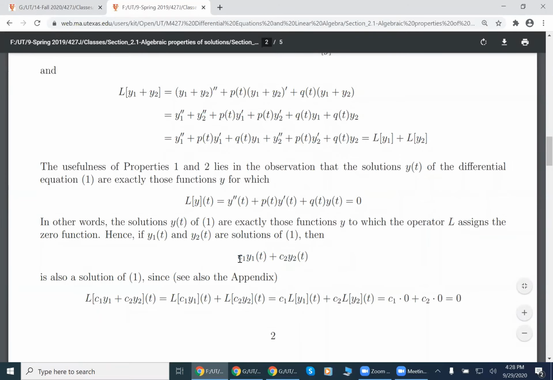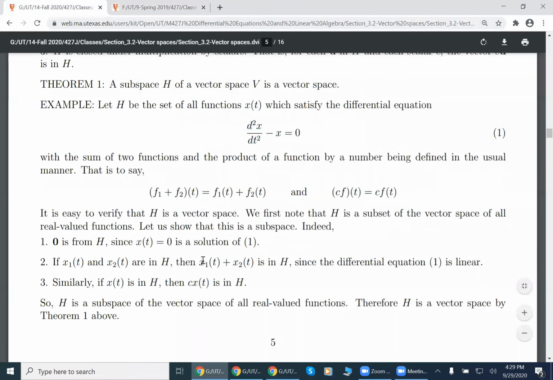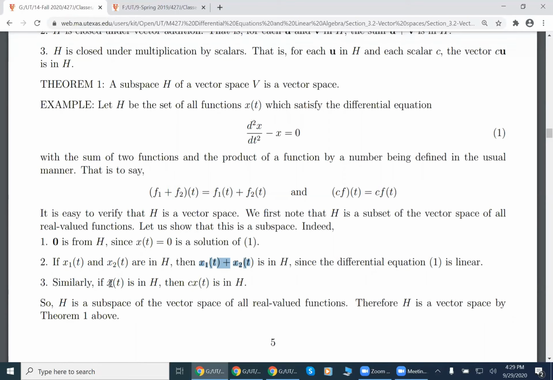In particular, if c1 is equal to 1 and c2 is equal to 2, y1 plus y2 is a solution. It's exactly what we are talking about here. If x1 is a solution and x2 is a solution, their sum is a solution. Similarly, if x is a solution, c times x is a solution.